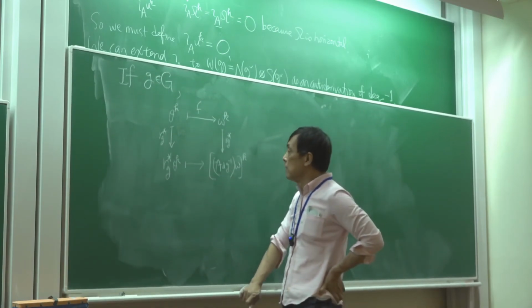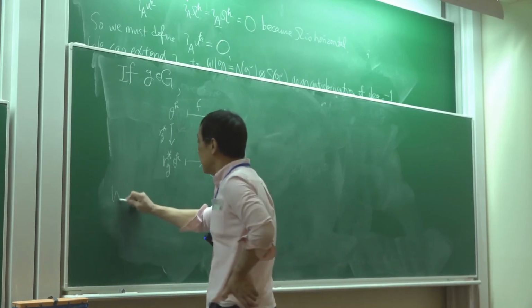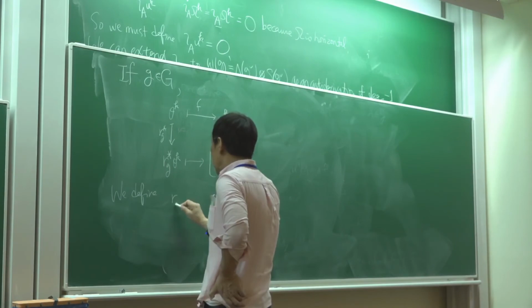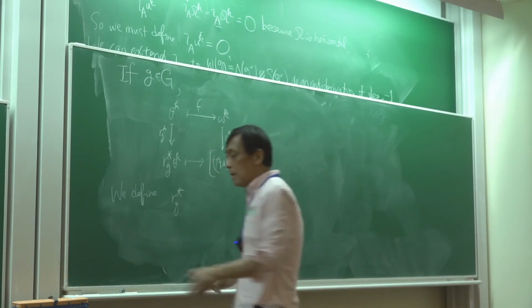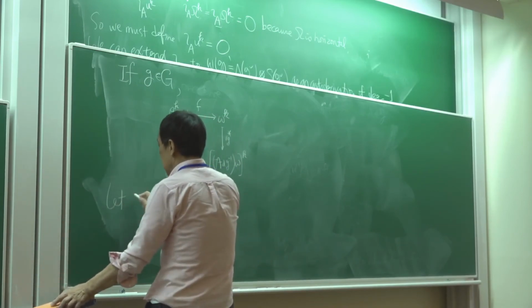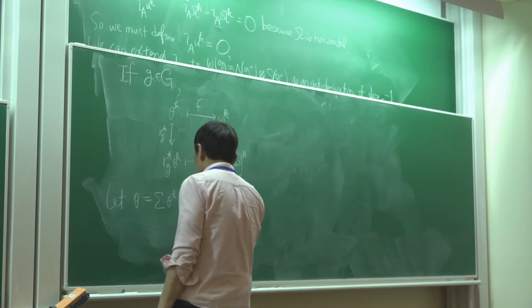Okay. So that means we define RG star. Probably we should just say let theta be the sum of theta k xk.